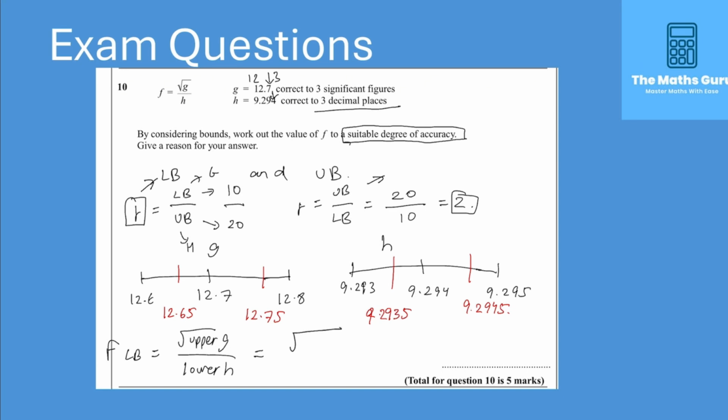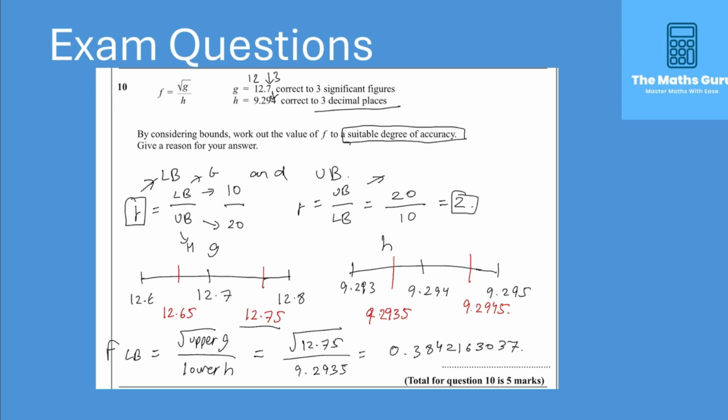So it's going to be the square root of 12.75 divided by 9.2935, and in this case, we're going to get 0.38421,63037. And it's very integral to write out the full decimal form.